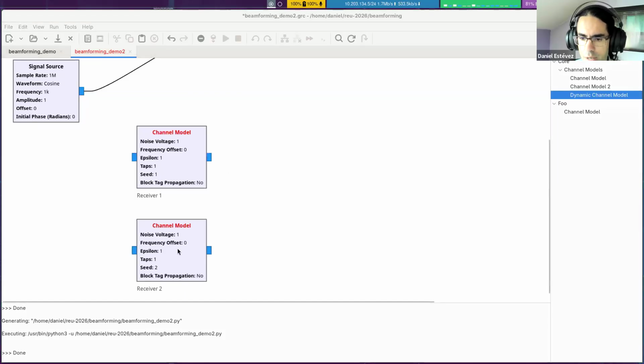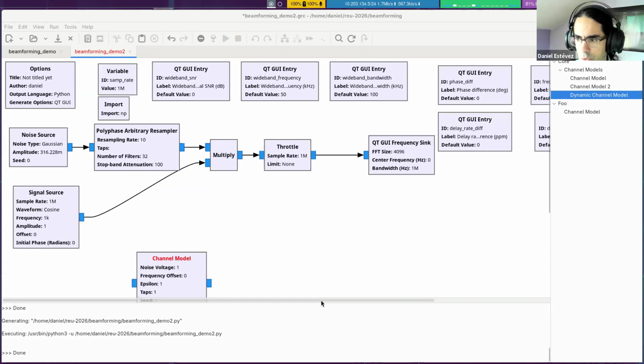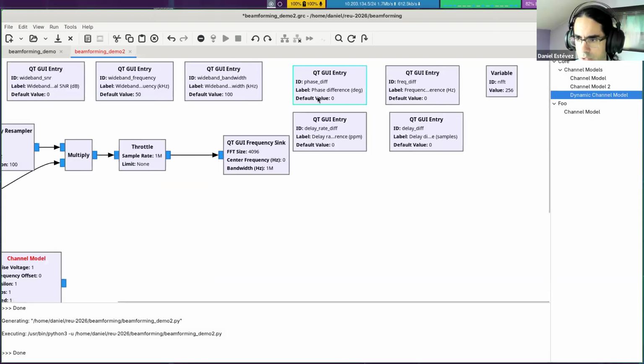Then the question now is how to set, the noise voltage is already set to 1, but how to set the frequency offset, the epsilon, and the taps for the second receiver. And for this, we are going to use these entries that I copied from the flow graph. So we have a phase difference in degrees that represents the signal arriving with different phases to the two antennas.